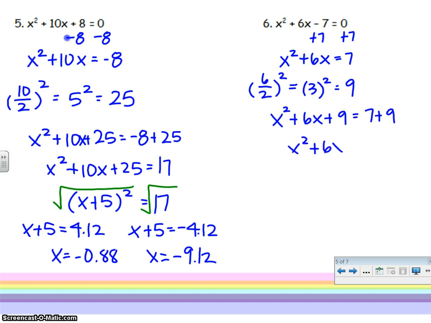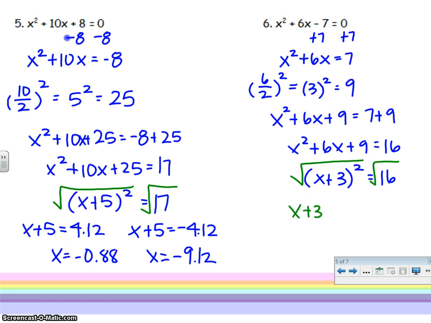We factor this to be x plus 3 quantity squared equals 16. And likewise, we'll square root both sides. And so we will have x plus 3 equals 4, or x plus 3 equals negative 4, giving us our two solutions of 1 or negative 7.